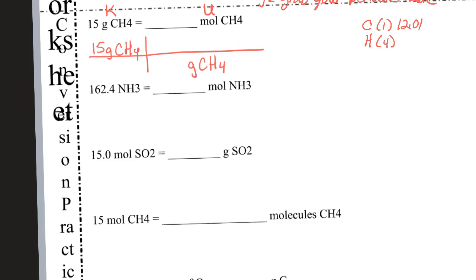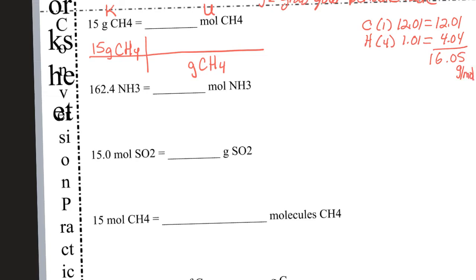Each hydrogen atom weighs 1.01, which means I have a total of 12.01 grams of carbon, and I'm going to have a total of 4.04 grams of hydrogen. I add those together, and my final total will be 16.05 grams per mole.